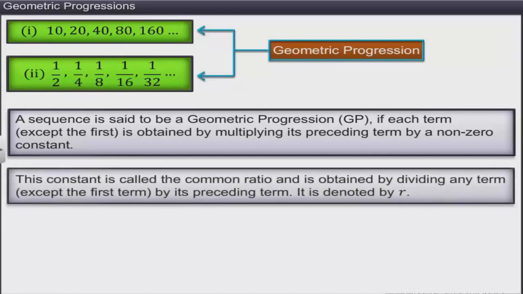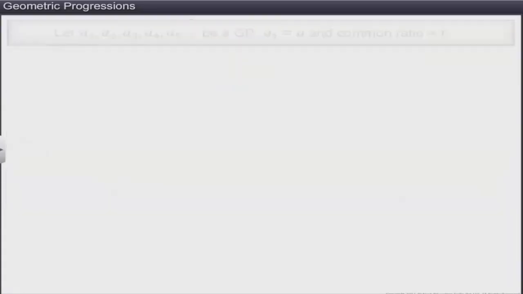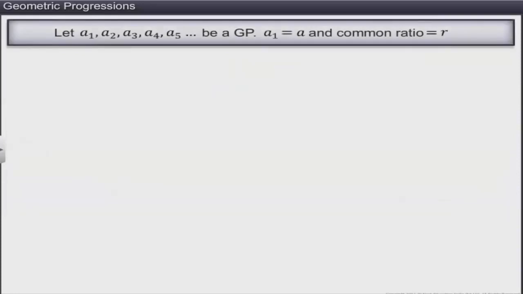Let us now consider a GP with the first term A and the common ratio R. Then the second term of this GP is obtained by multiplying the common ratio R with the first term A. The third term is obtained by multiplying the common ratio R with the second term. The fourth term is obtained by multiplying the common ratio with the third term, and so on. In this way, the subsequent terms can be obtained.